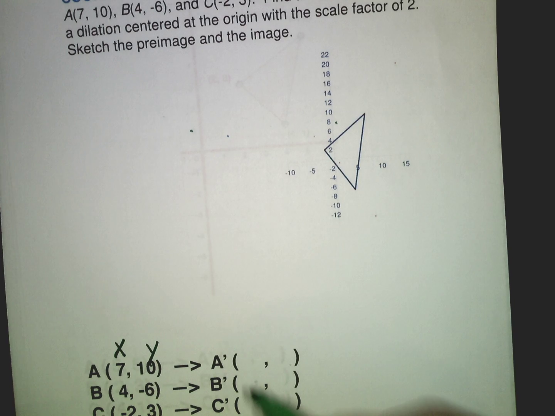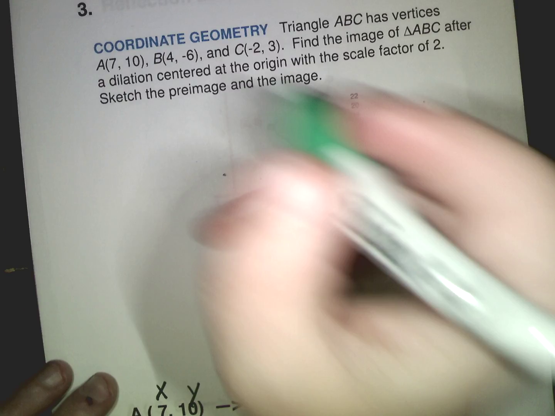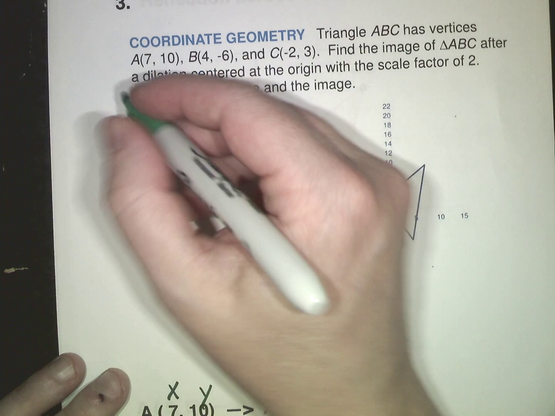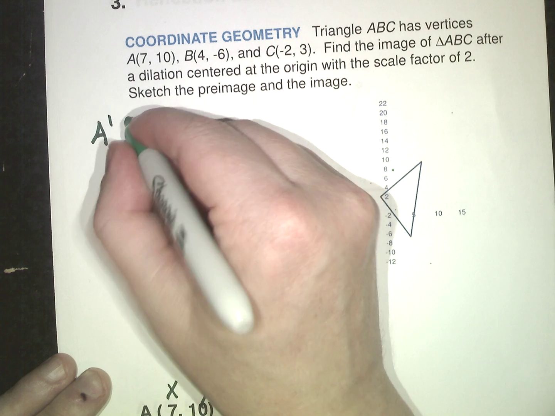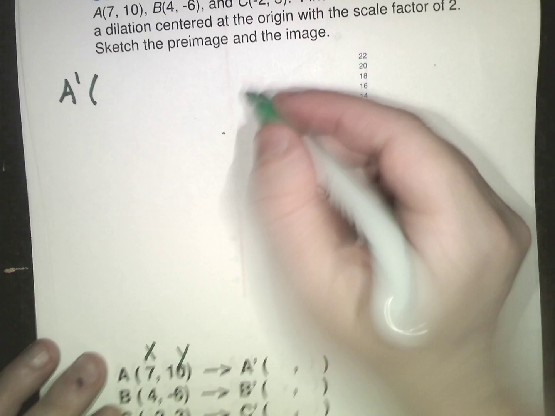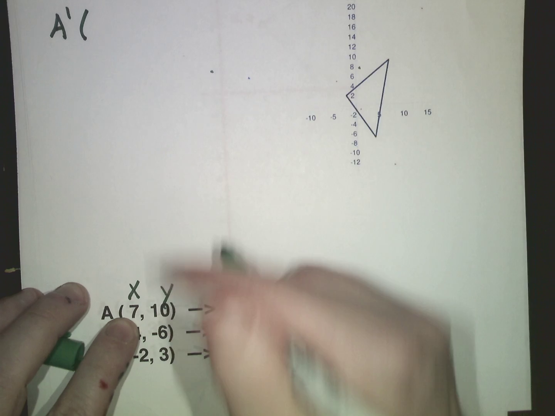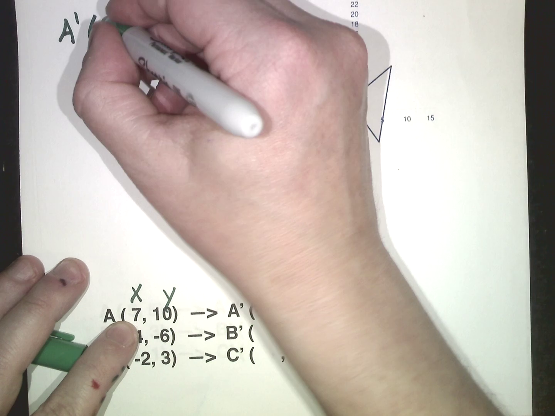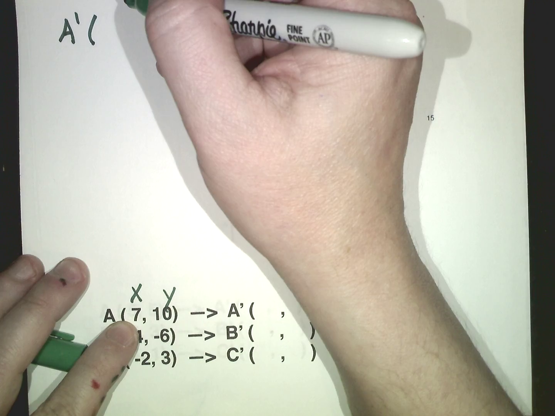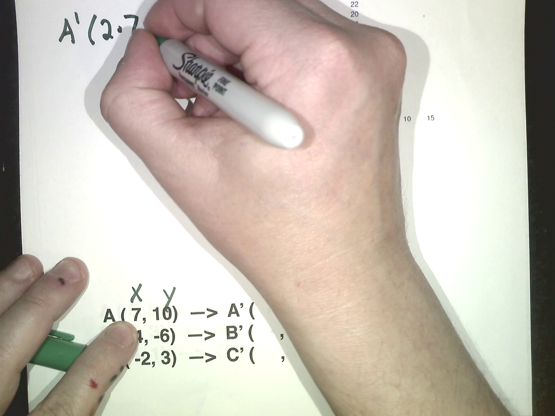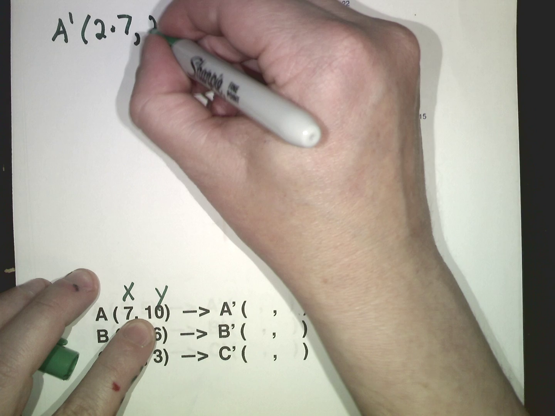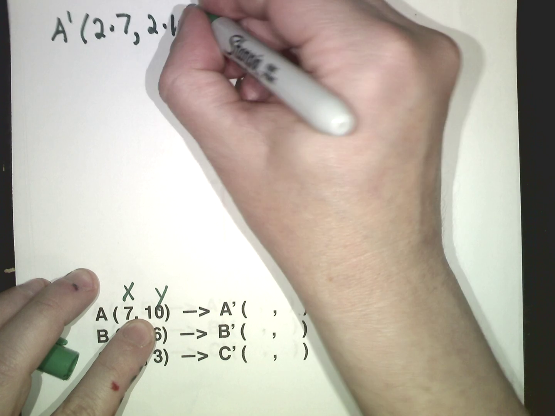So when I'm doing A prime to get this number, I have to do this. A prime is x times 2, or 2 times x. What would be easier? Let's do 2 times 7, comma, 2 times 10.